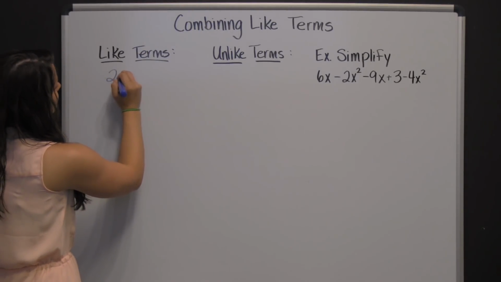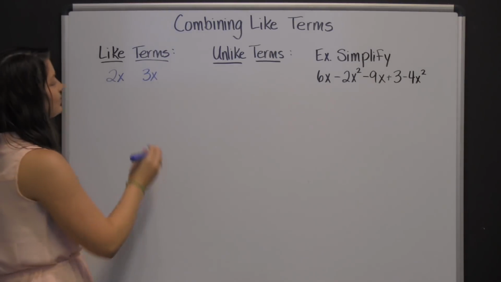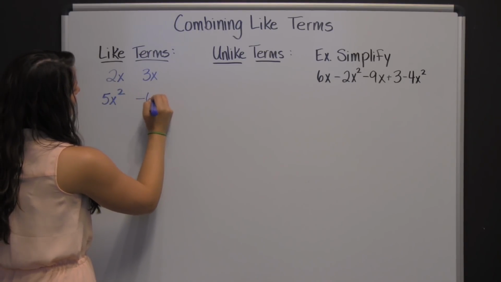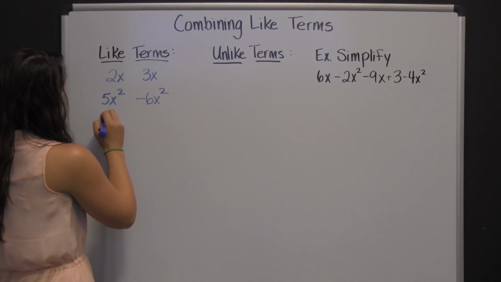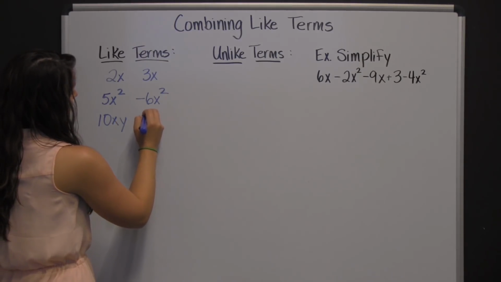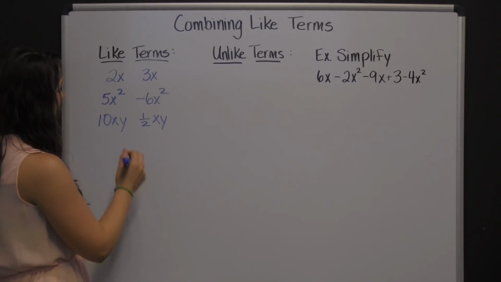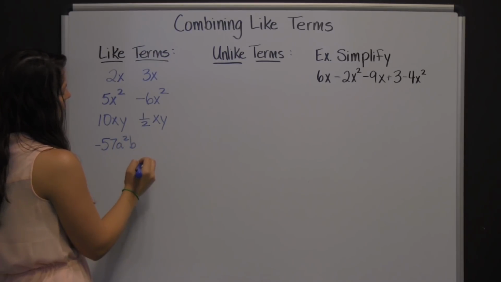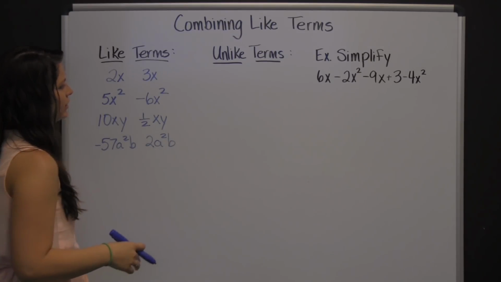For example, 2x and 3x are like terms. 5x squared and negative 6x squared are also like terms. 10xy and a half xy are like terms. Negative 57a squared b and 2a squared b are like terms.